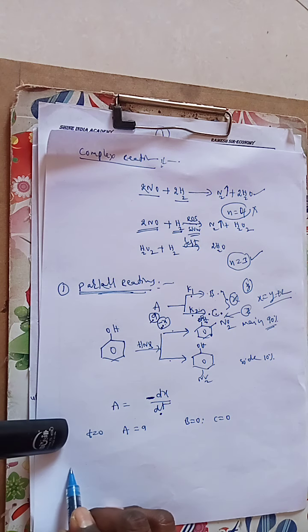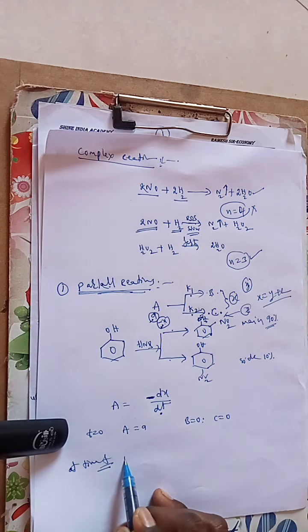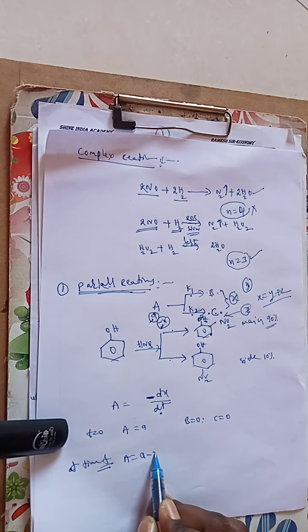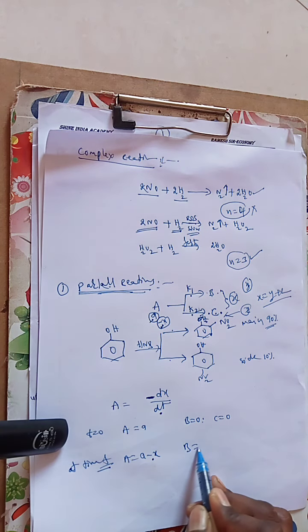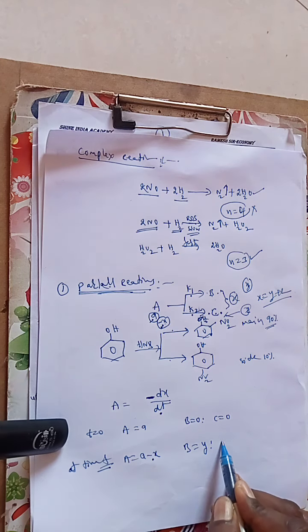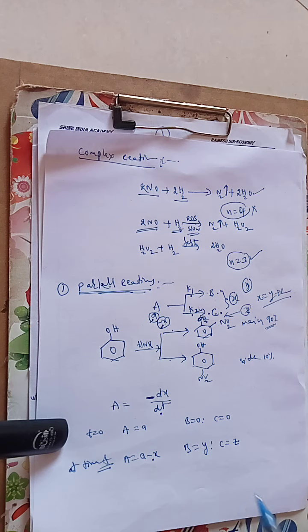After some time, at time t, what happened? A loses X concentration. Here B forms as Y and C forms as Z, and nothing but X is equal to Y plus Z.